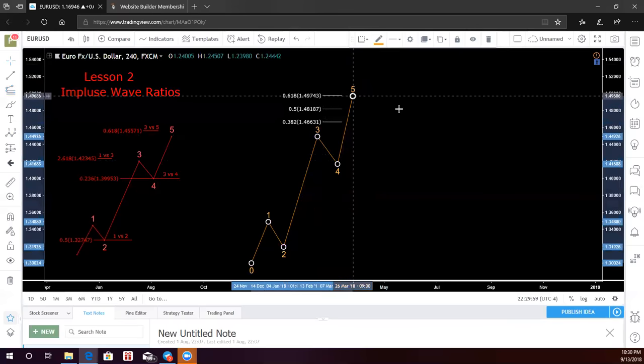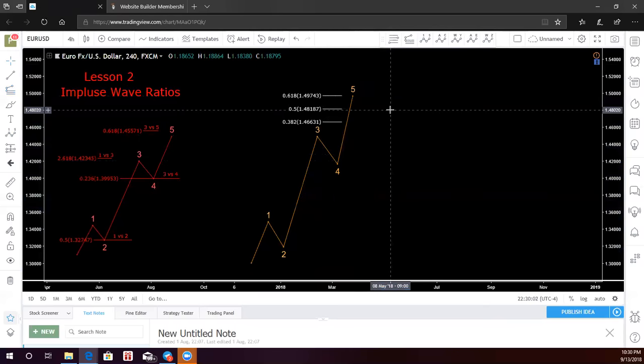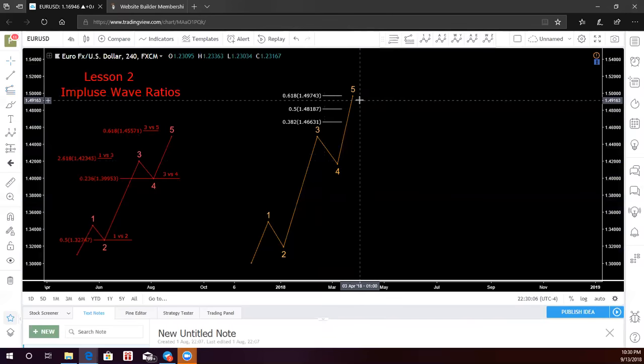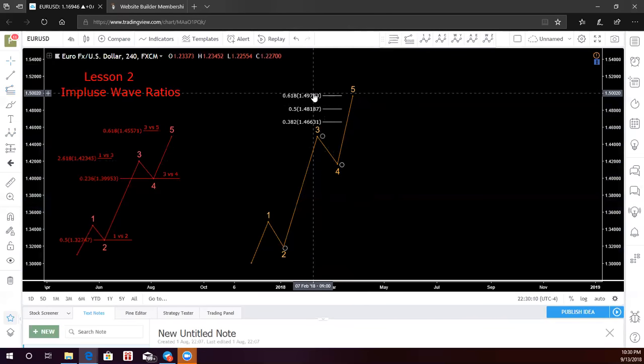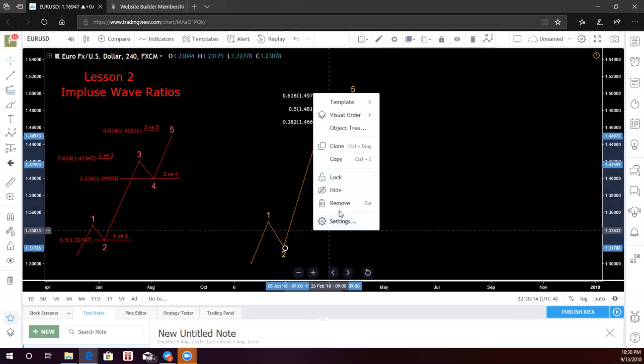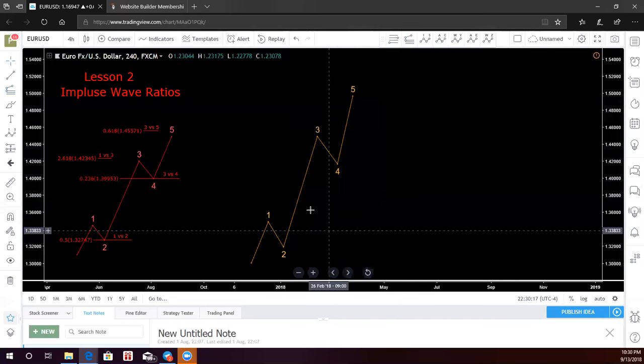Now, the 0.618 being the very most common one out of all three. It's where wave 5 usually ends, so that's where we'll put it. And that is about it for lesson 2.